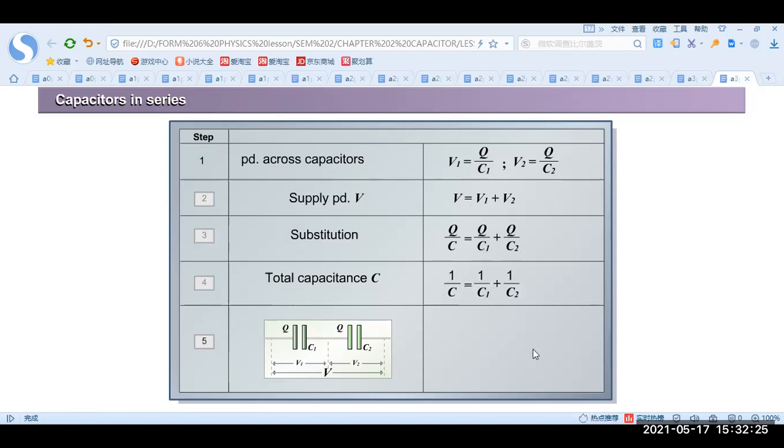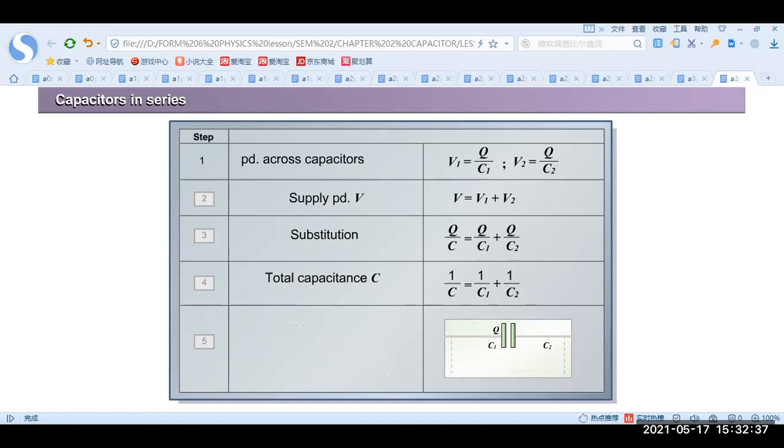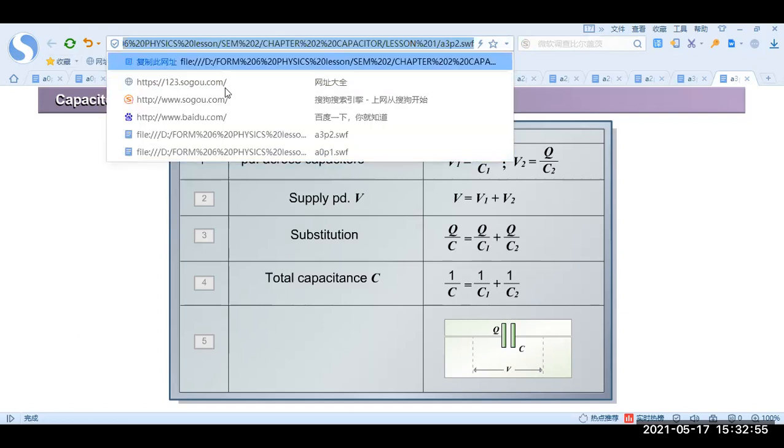As a result, we can set that because the total charge is equal, 1 over C equal to 1 over C1 plus 1 over C2. What is the meaning? That means that initially C1 and C2, once we arrange them in series, we combine the two capacitors into a single capacitor.